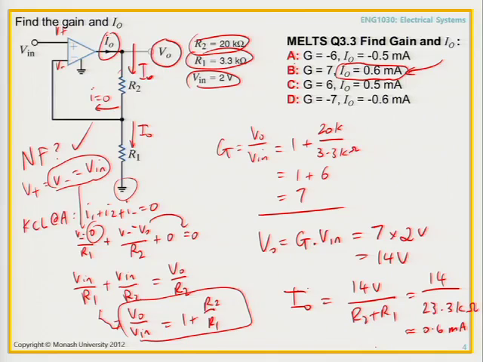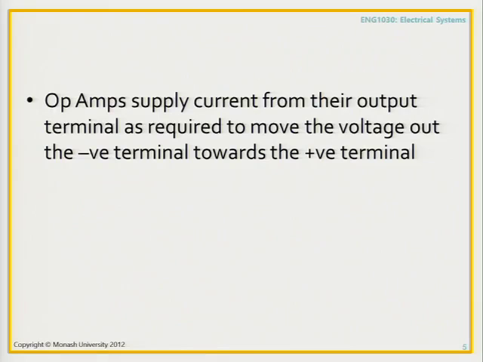Any more questions? Okay, no? Let's move on. So what is a key takeaway message here? The key takeaway message, which we touched on yesterday, is that op amps will supply current from the output terminal as required, and I should qualify this by saying in negative feedback, to make sure that the voltages on the positive terminal and the negative terminal match.